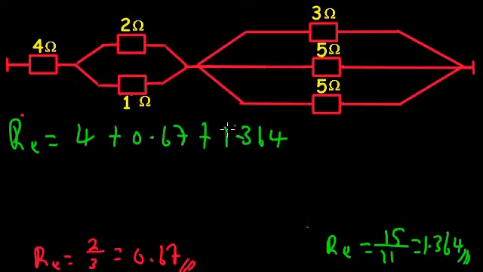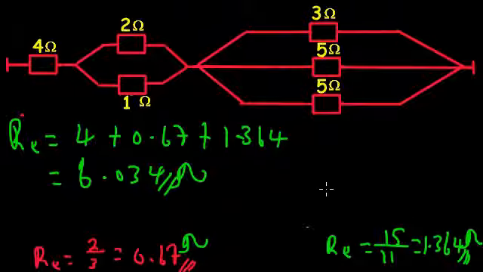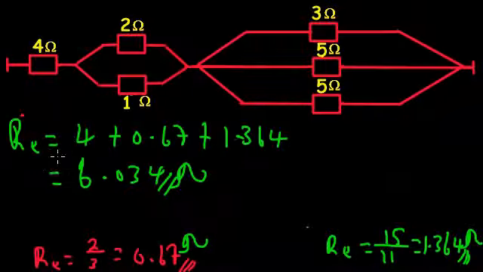Let's add that up using our calculator. I got 6.034 ohms. They are all measured in ohms because it's resistance, don't forget. So that's our final answer to this problem as well, the equivalent resistance for this combination.